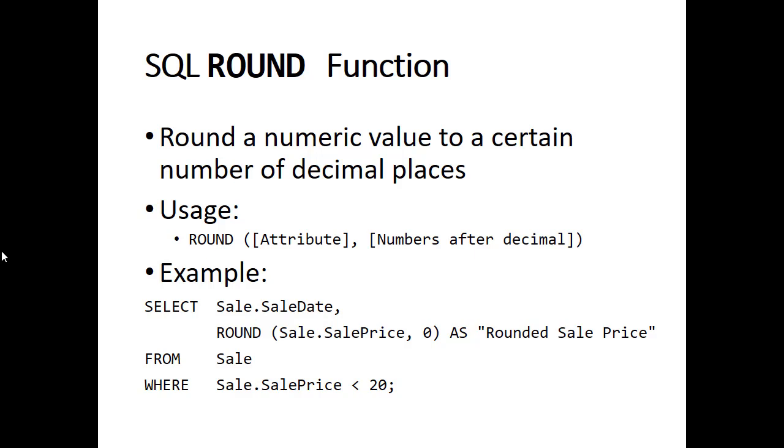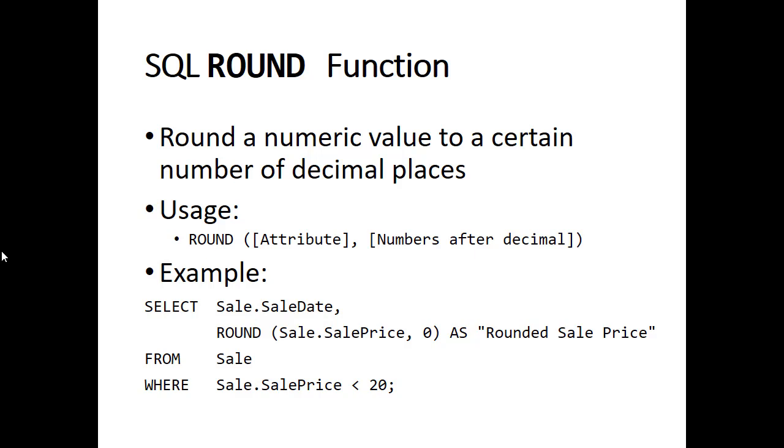Our first example here is going to round the sale price to the nearest dollar. Say I'm not concerned with quarters and nickels and dimes and pennies. I just want to see the sale price rounded to the nearest dollar, thus the comma 0 that you see there. Also note that we are giving this an alias of "rounded sale price," and since that alias has spaces in it, we have to surround it with double quotes.